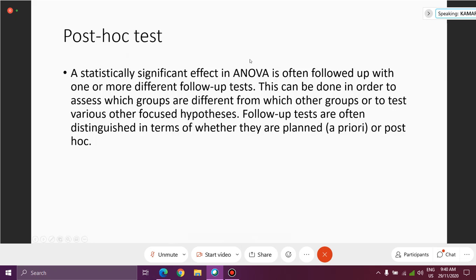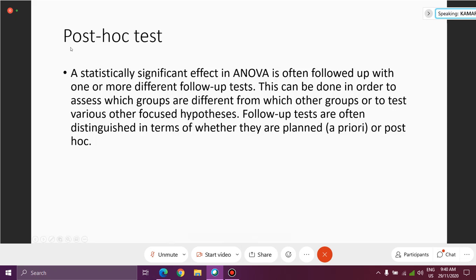If the F test is significant, meaning the p-value of the F test is less than 0.05, then we will do the follow-up test, which is the post hoc test.